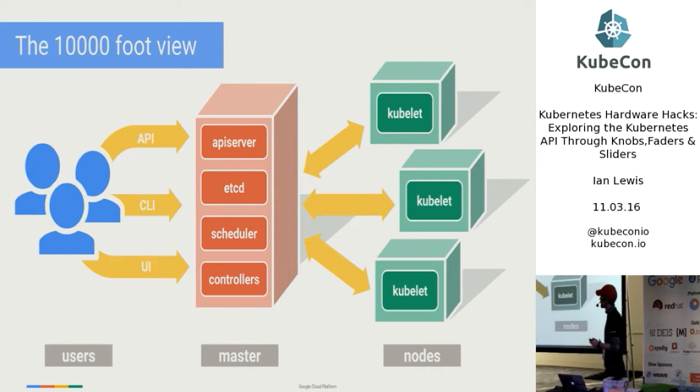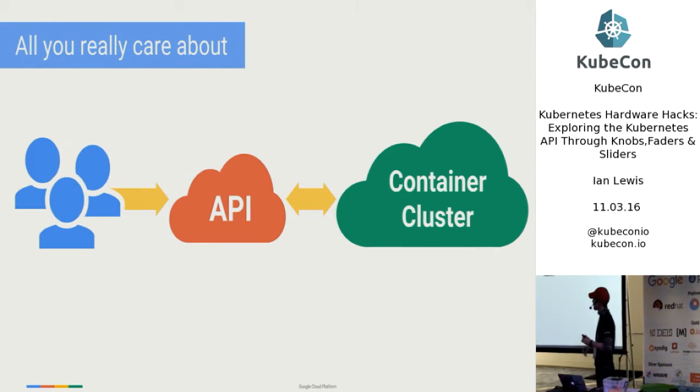There are a lot of moving parts in it, like etcd to store state, the API server that you interact with, the scheduler, and things like that. But from the standpoint of a dashboard or of an API consumer, you really only need to think about the API as an interface to your cluster. You don't really need to know about all of the internal workings.